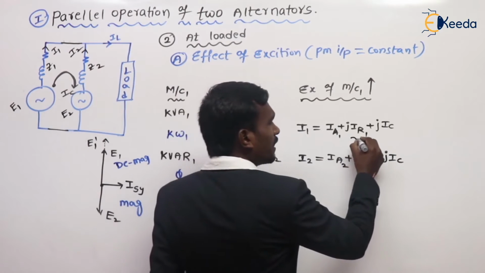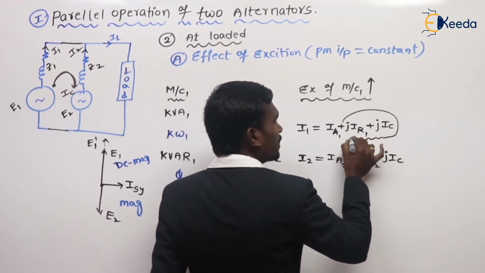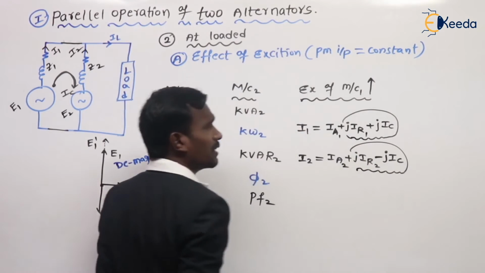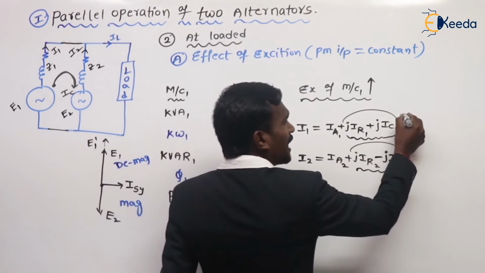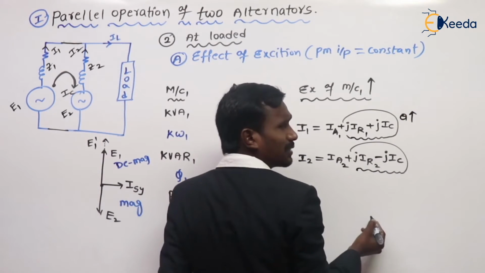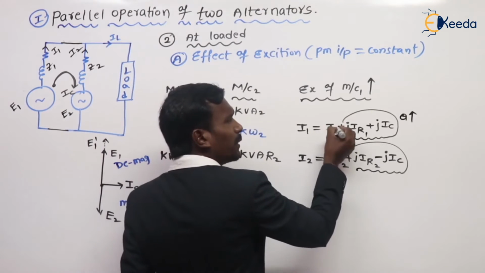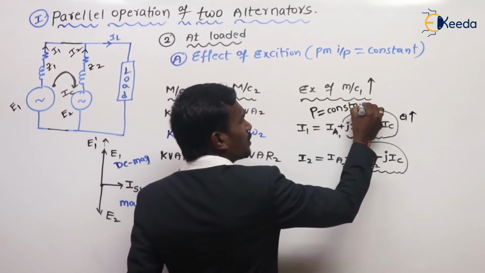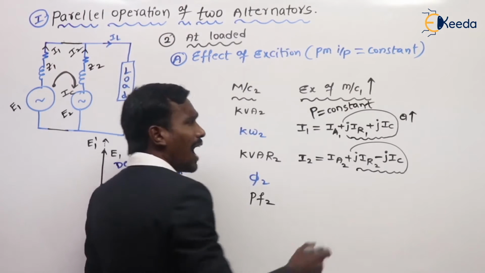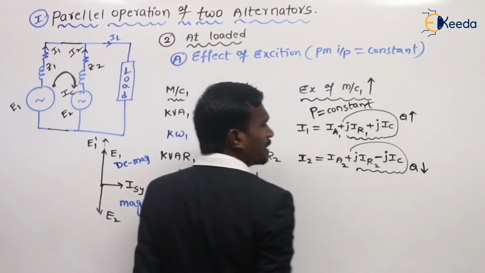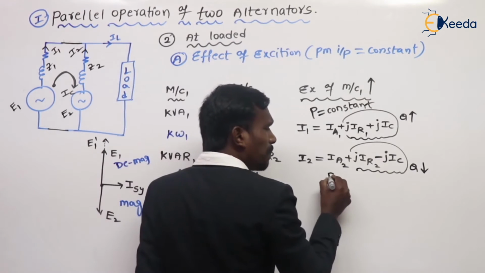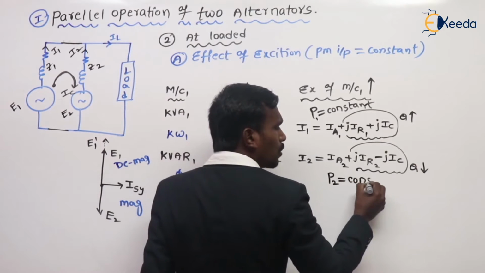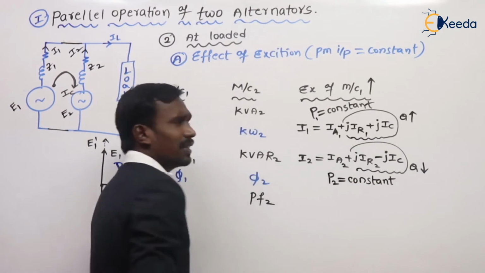Nothing but what here increases, the reactive component increases. What here decreases, the reactive component decreases. When the reactive component increases, what happened to active component? The active component of the first machine is constant. And here the reactive power component decreases. What about the active component? The active component of the machine 2 is also maintained constant.